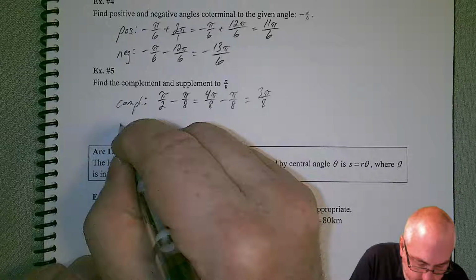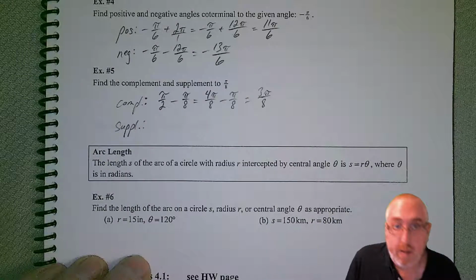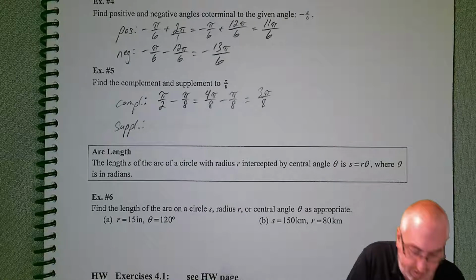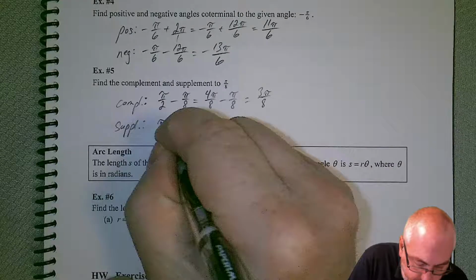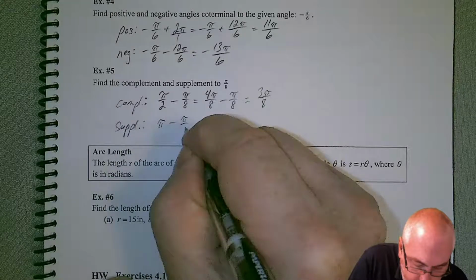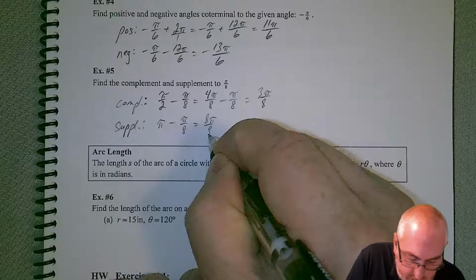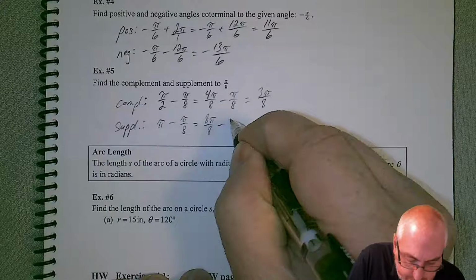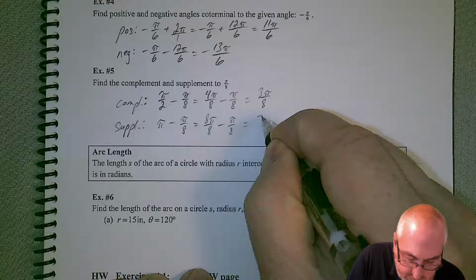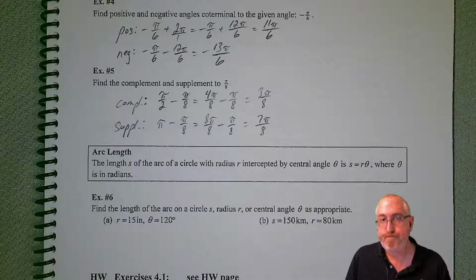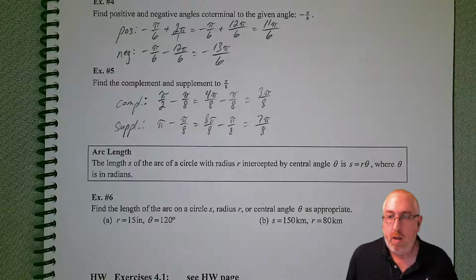And so for the supplement, now we just have to remember that they add to 180. So in this case, we're going to use pi minus pi over 8. So that should be 8 pi over 8. So that's going to give us a 7 pi over 8. And there we have it.